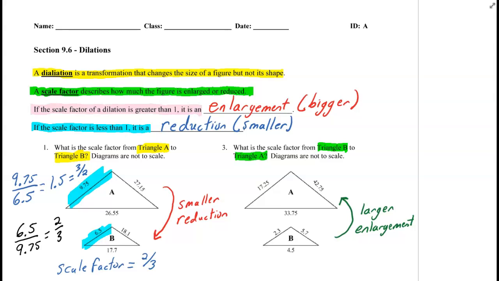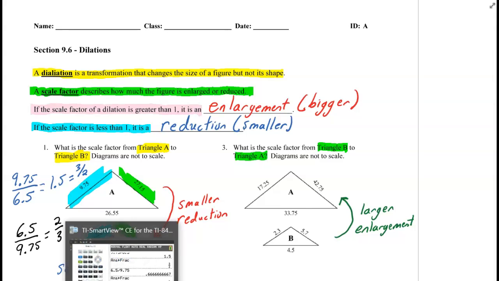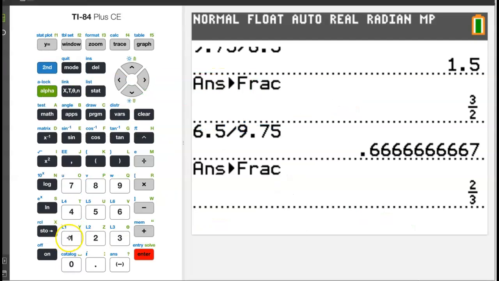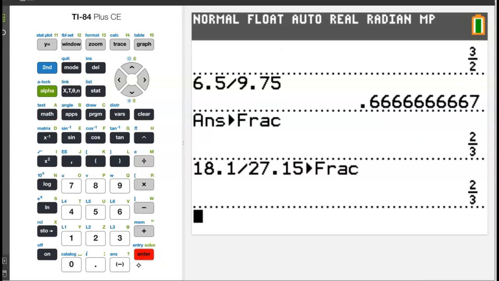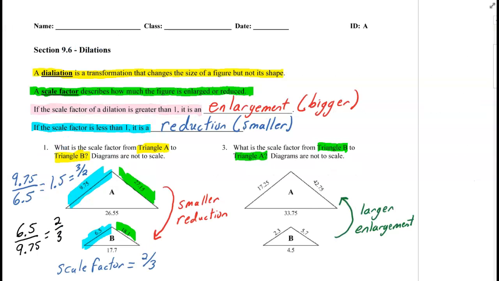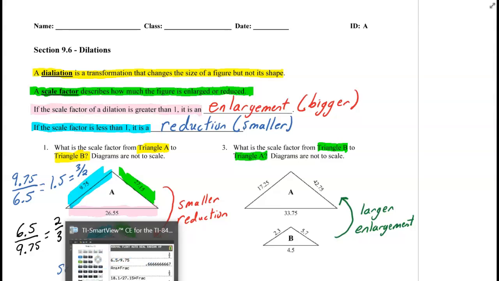Now, what if you use the 27.15 and the 18.1? Just to show you really quickly, if I use those numbers, again, I want the 18.1 in the numerator, divided by 27.15, and I'm going to press math, fraction. Notice I get the same answer. If for some reason I use this side, again I want the smaller number on top because it is a reduction.